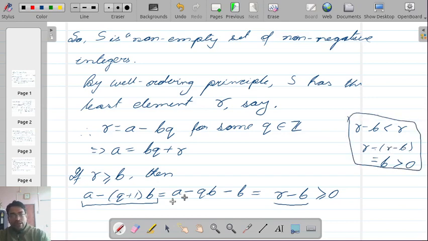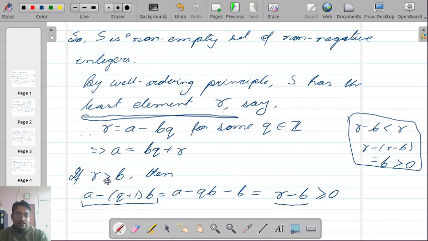So that means we have got an element inside S which is strictly less than R, but this cannot happen. Why? Because R is the least element of S, the smallest element. By the well ordering principle we get that the smallest element of S is R. So nothing smaller than R can be there, and that creates the problem.